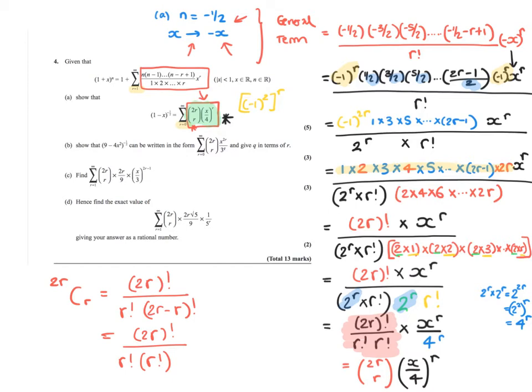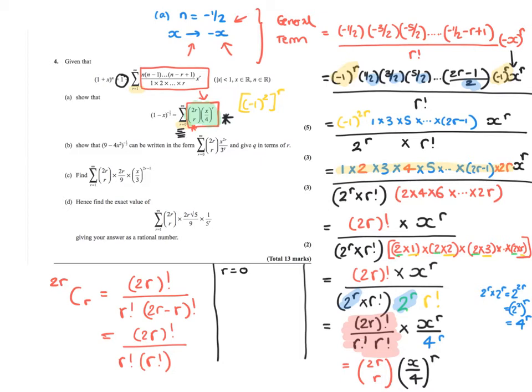The only thing that we really need to do in addition to this is to check what happens for r equals 0, because this summation here starts at r equals 0, and in the original binomial expansion you've got a term of 1. So what we're hoping for is when we substitute r equals 0 into the general term, we get a result of 1, and that allows us to start this summation from 0, because it will include the term that is just equal to 1.